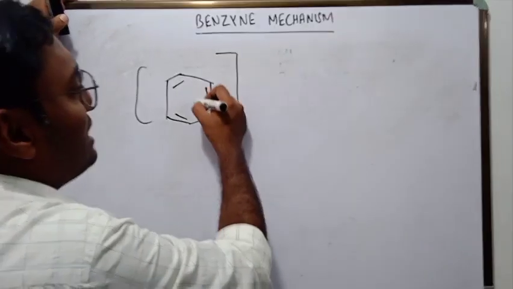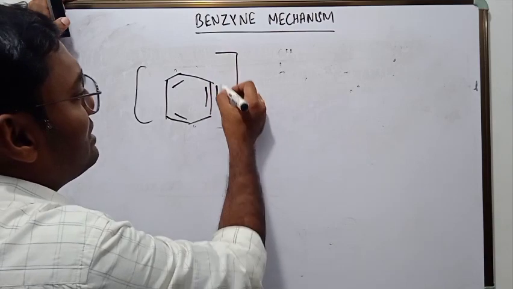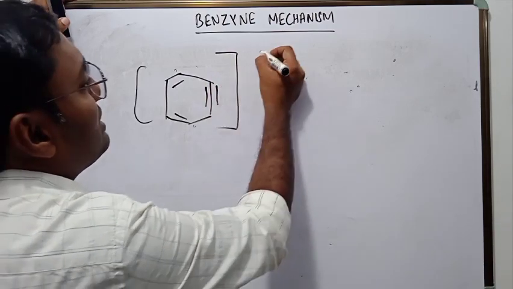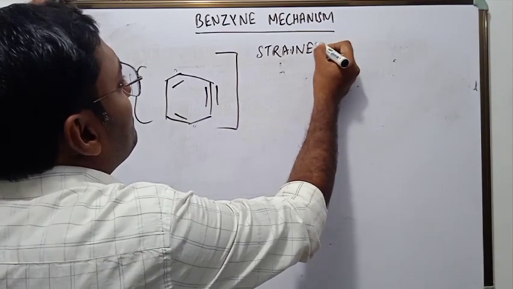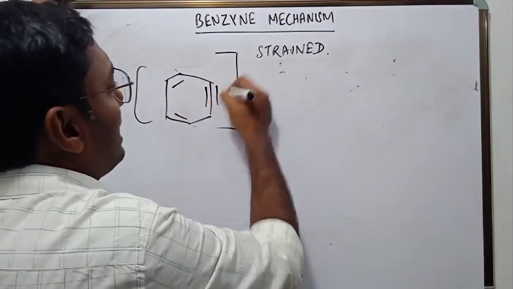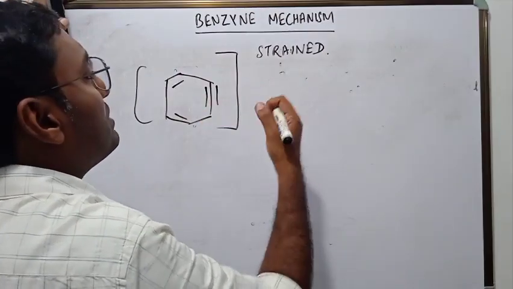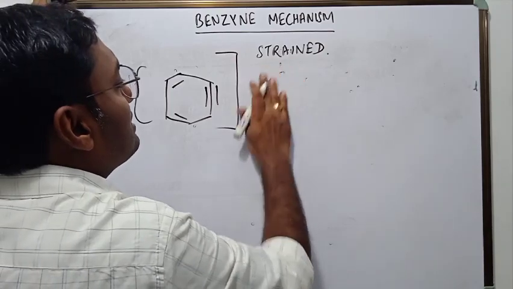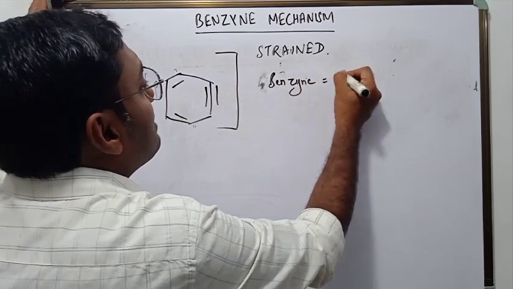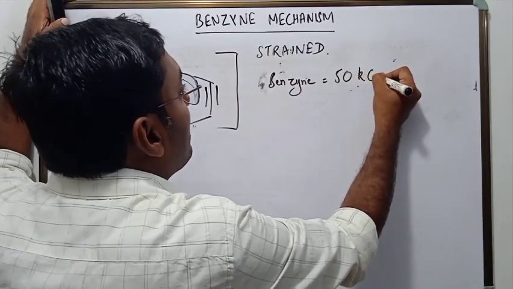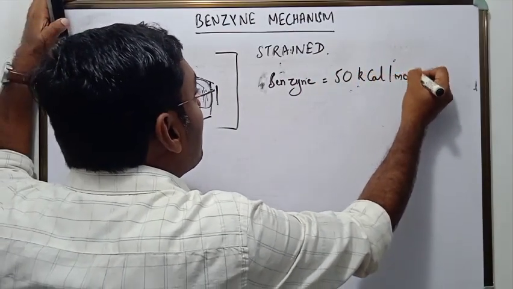The benzyne intermediate, especially this side, is very strained. The benzyne ring is actually having very big strain, a strain of 50 kilocalorie per mole.